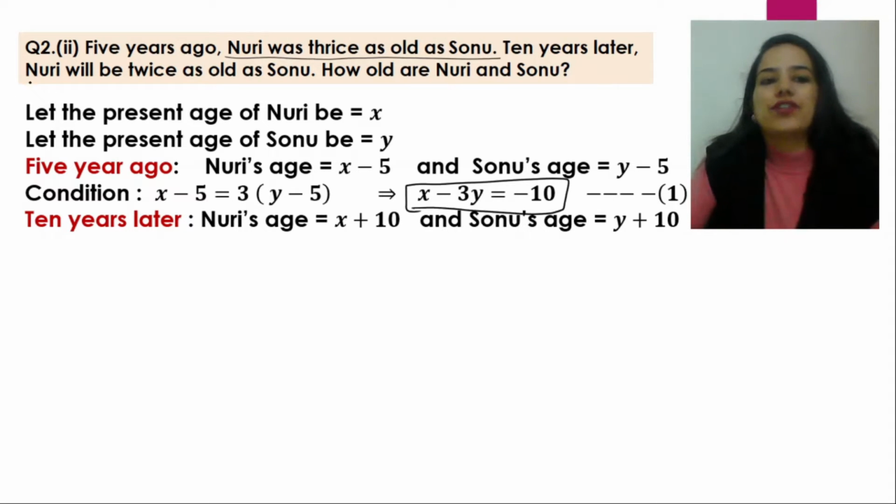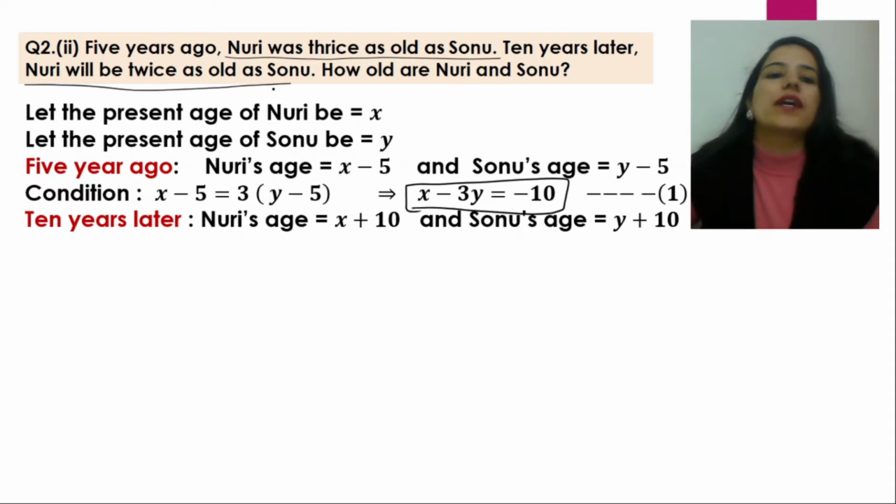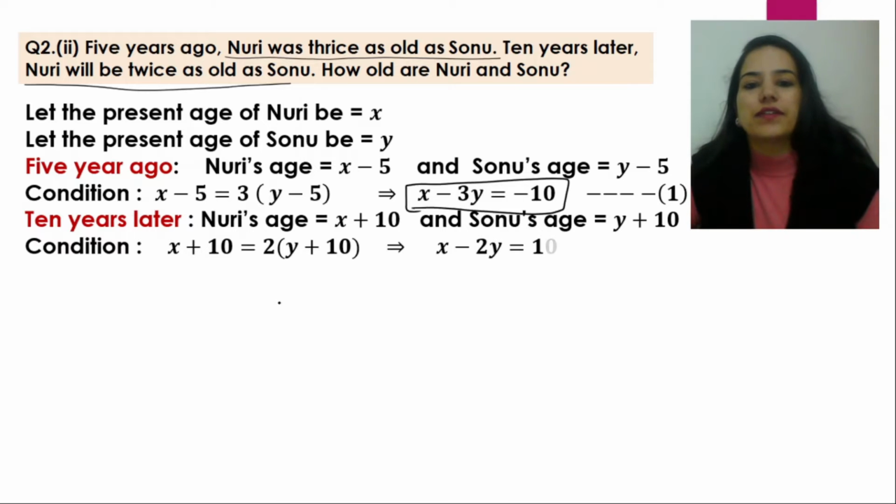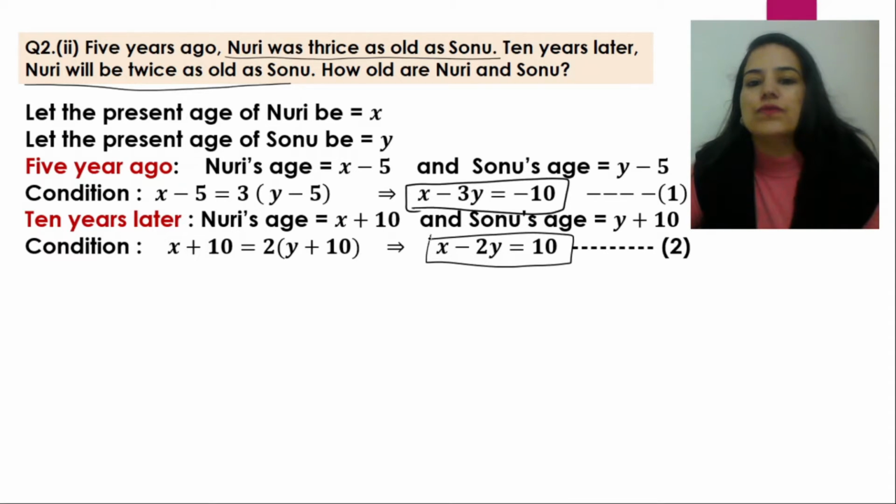Now looking at the condition, Noori will be twice as old as Sonu, right? So x plus 10 equals twice (y plus 10). Simplifying, x minus 2y equals 10. Now if you see here, the coefficient of x is already the same, so we only have to subtract: minus, plus and minus.